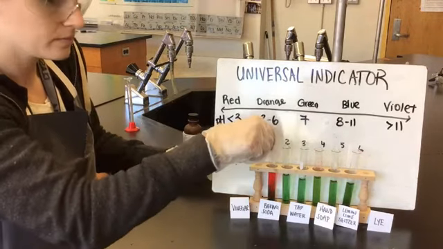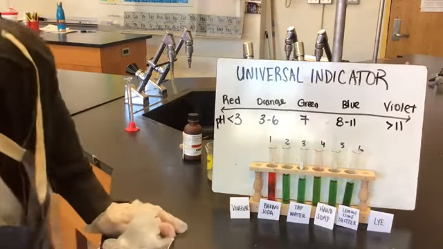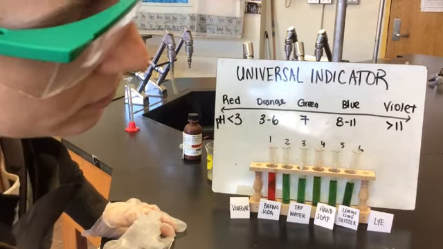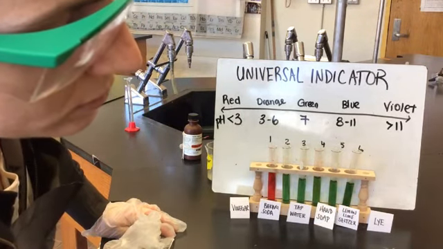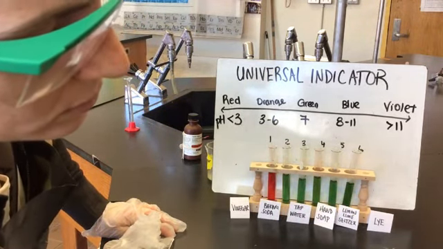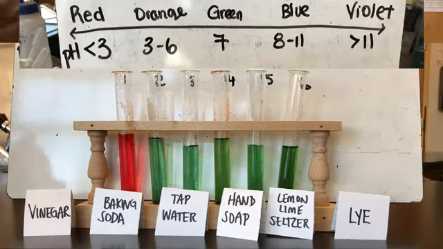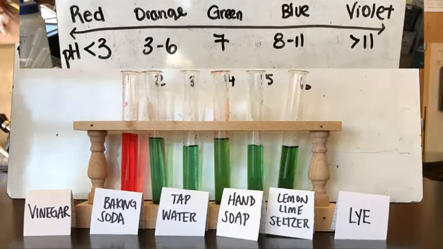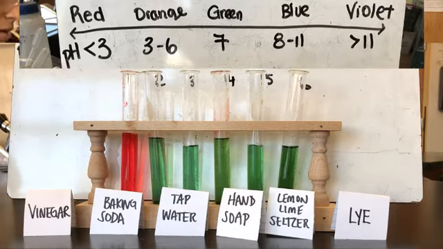So that was vinegar. See, the vinegar has turned a nice color. We're going to do baking soda next.